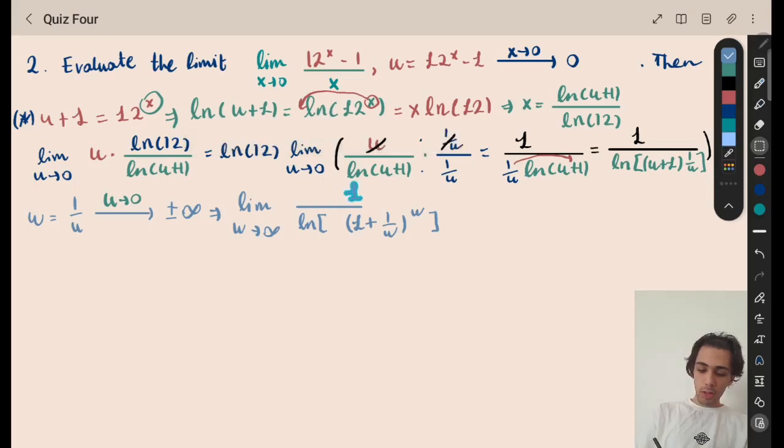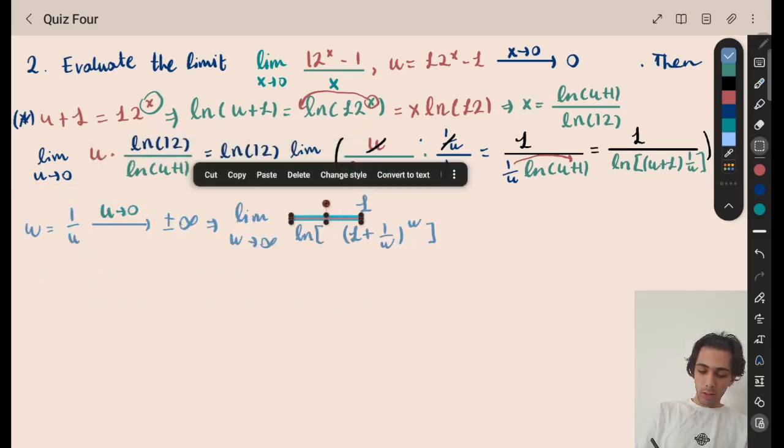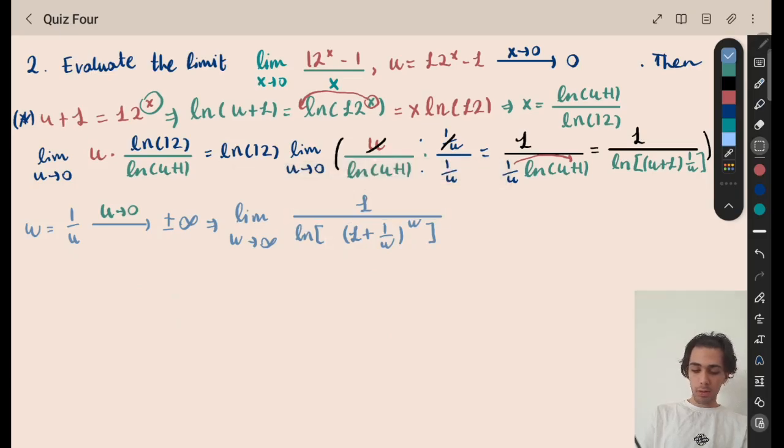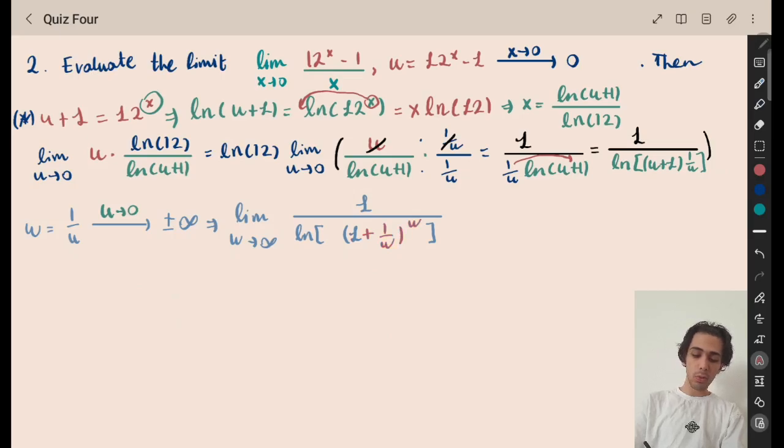And now I want to take a moment to ask you if this is familiar to you. Well, right now it does not look familiar because I still have not written it nicely enough. But if you don't see anything that's familiar, I want you to maybe consider this.